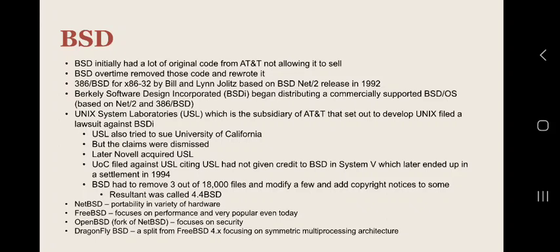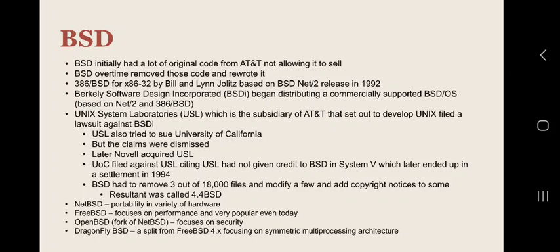I previously mentioned that during 1989, System 5 Release 4 came in, and they probably took some code from BSD as well. So they hadn't given credit for the work that the BSD folks had done. It was going back and forth at that time, and they reached a settlement in 1994.